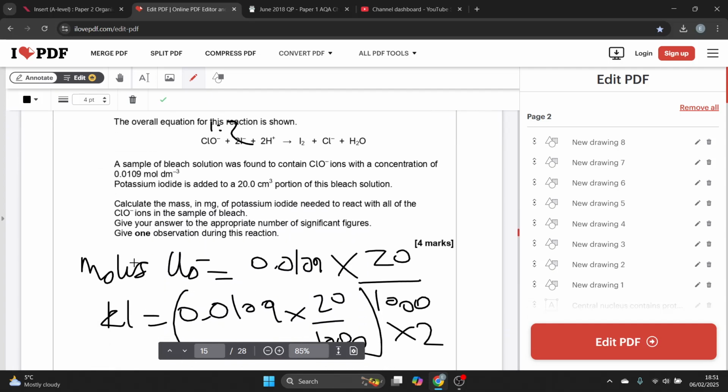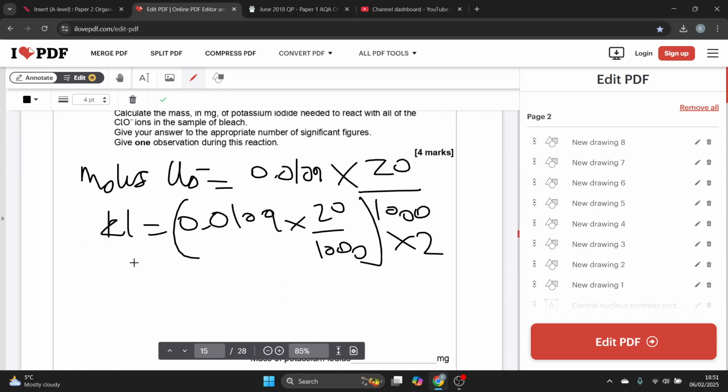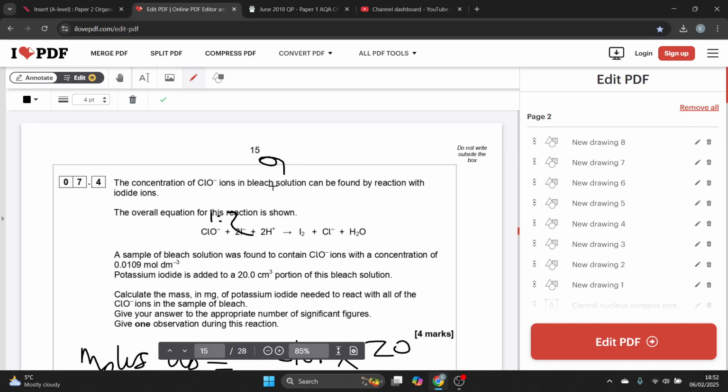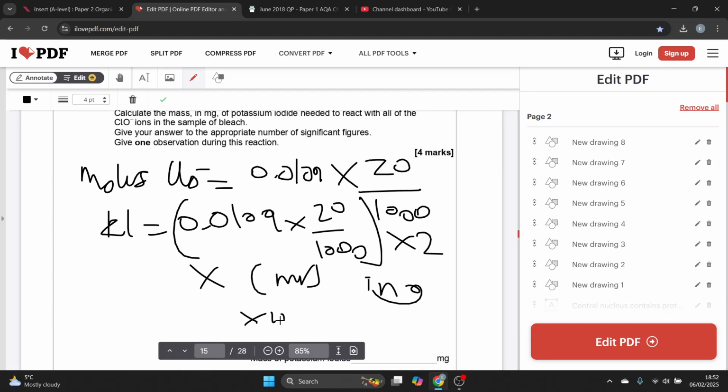But I want the mass. Moles is mass over MR. Mass is going to be the moles times the MR of potassium iodide. That will give me the mass in grams, but I want it in milligrams. How do I go from grams to milligrams? I times by 1000, and times my final answer by 1000.